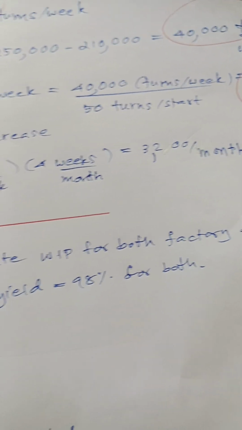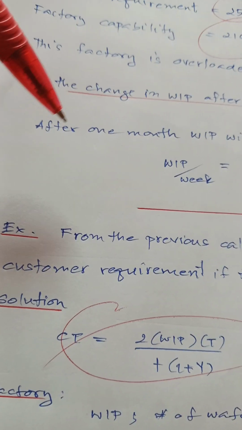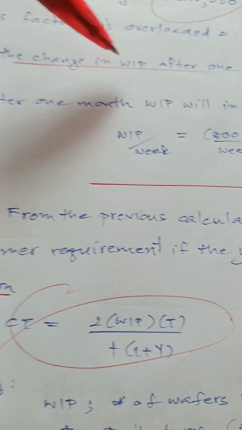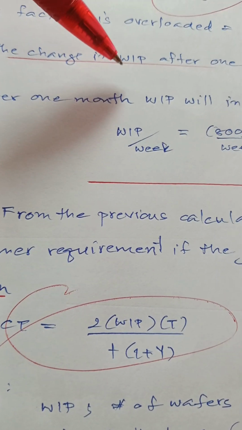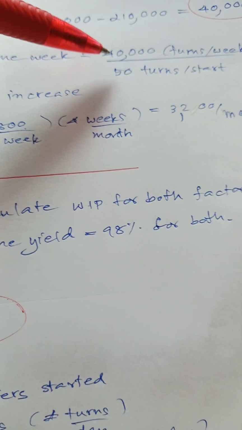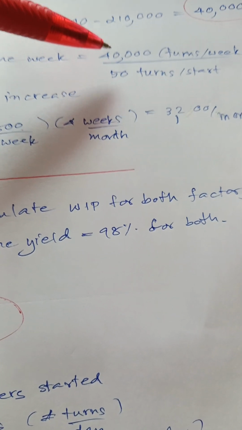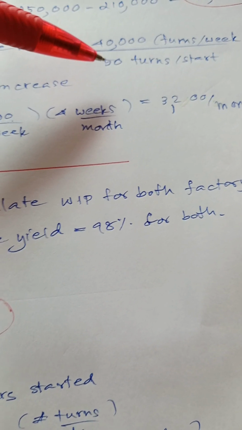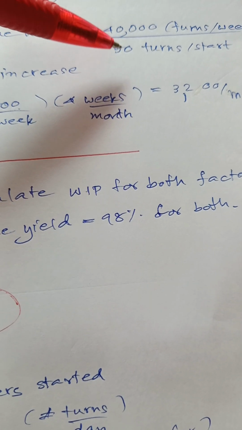That's overloaded. Now you want to consider the number of wafers, because we want the change in WIP, or work in progress, after a week. You simply divide the number of turns per week by 50 turns per start.